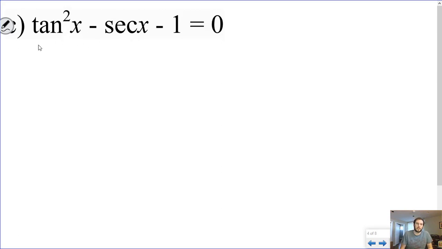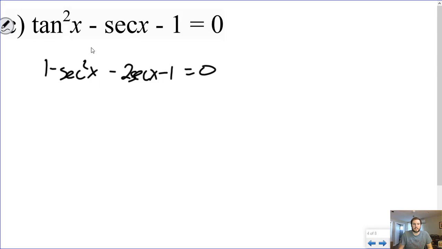So for example, tan squared is secant squared minus 1. Now that I know everything's in secant squared, it's a matter of isolating my secants.